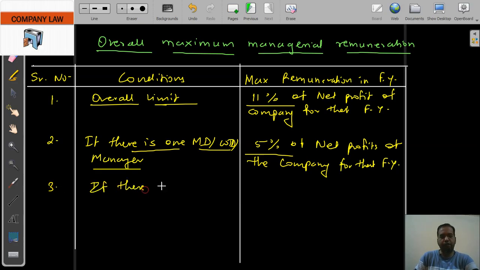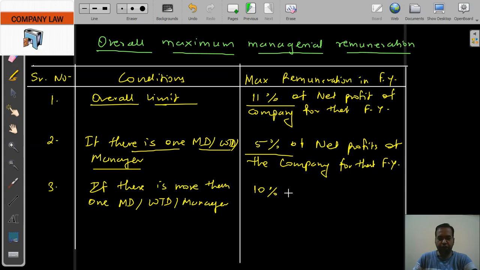If there is more than one MD, WTD or manager, then the limit is 10% of the net profits of that particular company during the financial year.